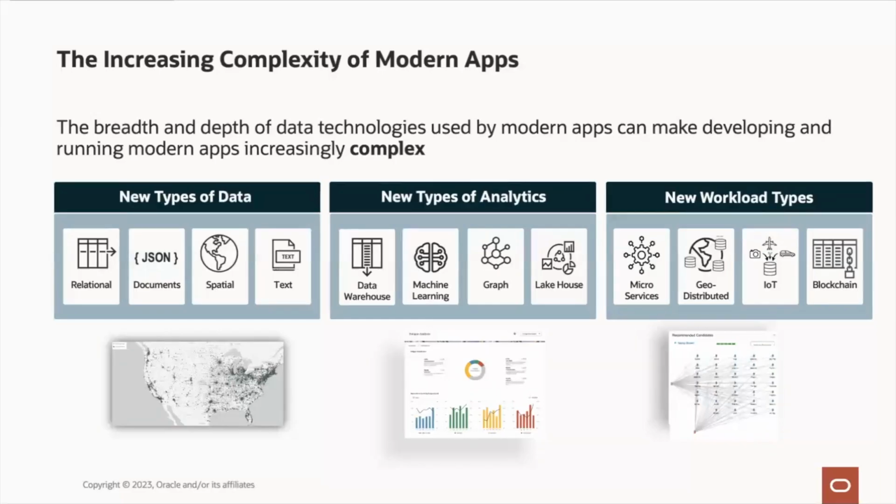Modern application development uses a whole new generation of data technologies and application architectures. In addition to relational data, we also have data stored as documents in JSON and XML, spatial data, graph, and text. And in addition to traditional data warehouses, we now also have new types of analytics like machine learning or graph and lakehouses. And workloads have evolved from monolithic type applications to also include microservices, geo-distributed applications, Internet of Things, blockchain, and more.